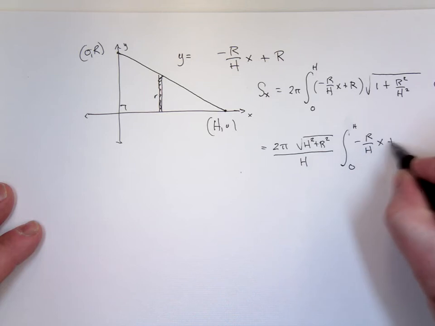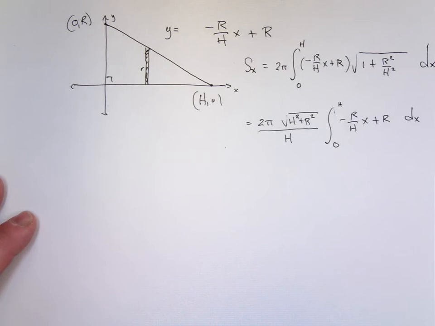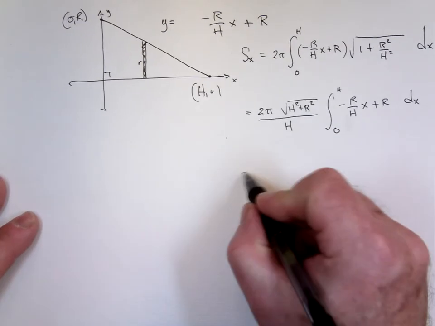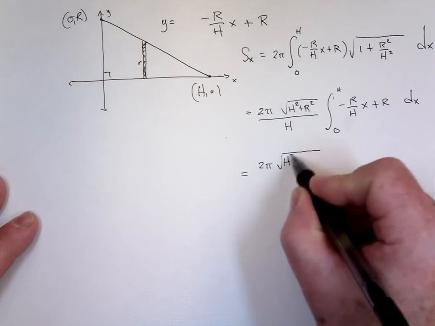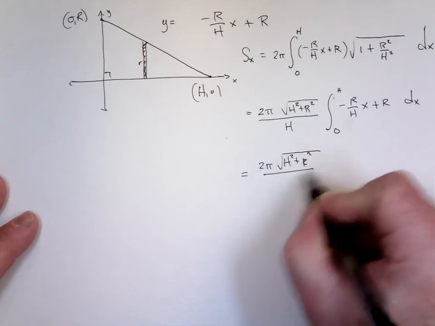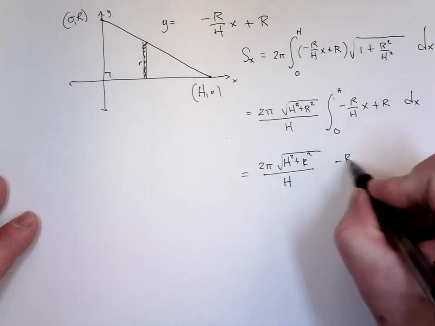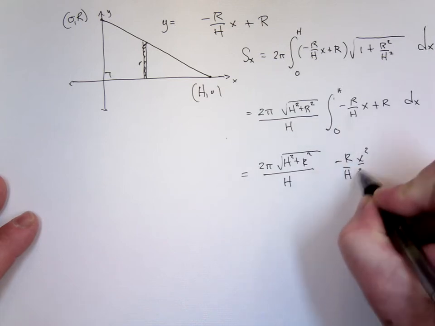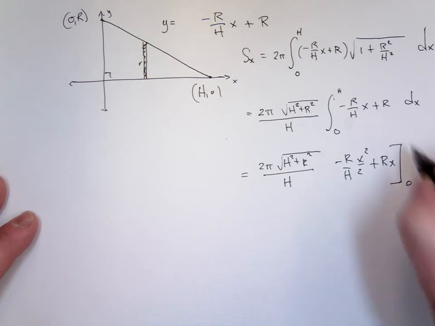With me? Nice. 2 pi square root of h squared plus r squared over h, the integral of negative r over h times x squared over 2 plus rx, from 0 to h. Whoa. A nasty problem.